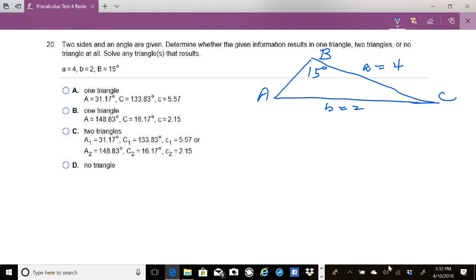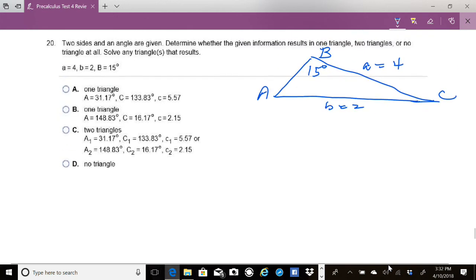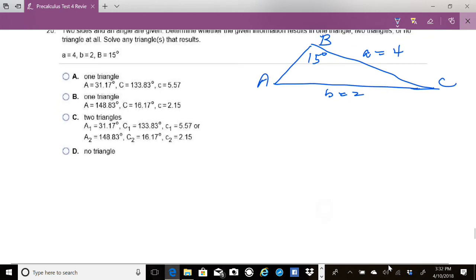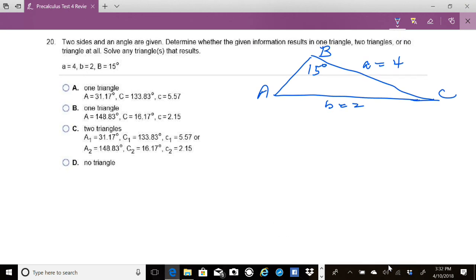So let's start out. Make sure we have enough room, because we just might come up with two triangles. Let's start up here.